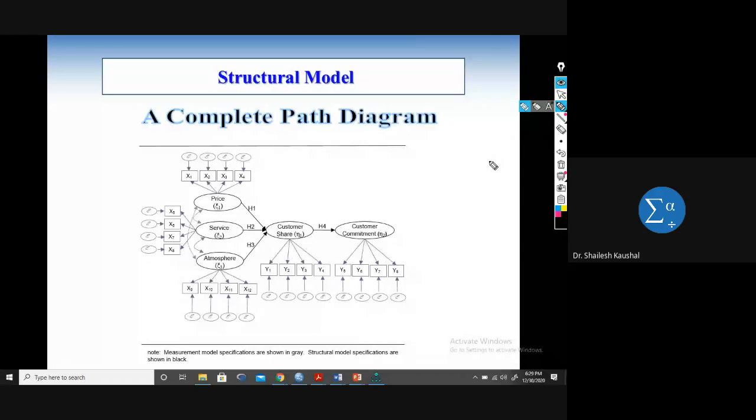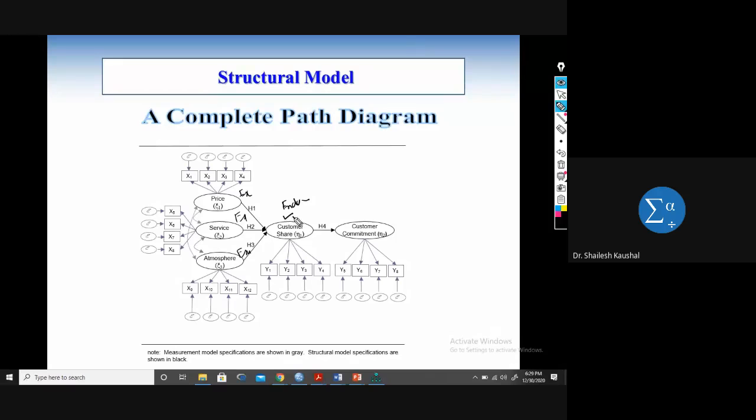So here customer share depends on price, service and atmosphere. Now customer share is the endogenous variable, and these are the exogenous variables. So only 3 exogenous variables are influencing the customer share.